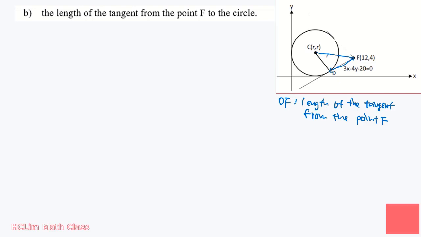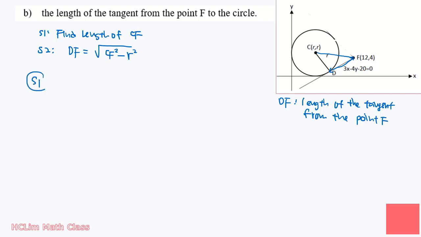Let's say we find the length of CF first. Step 1, we find the length of CF. Step 2, we apply the Pythagoras theorem. So the length of the tangent, DF, will be equivalent to the square root of CF squared minus the radius squared.